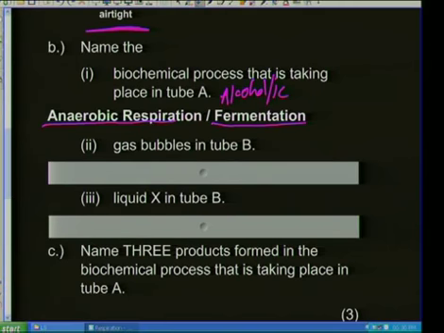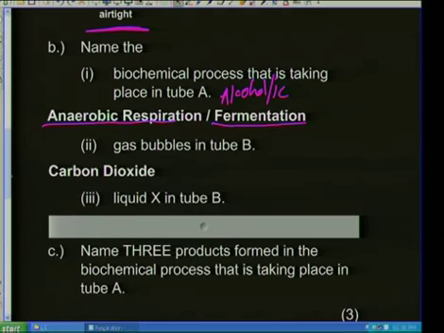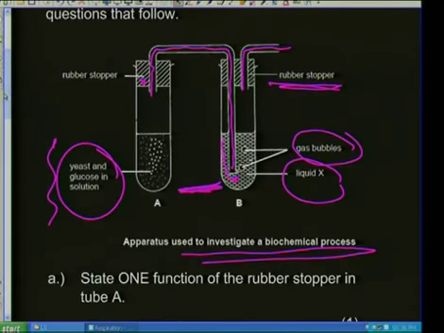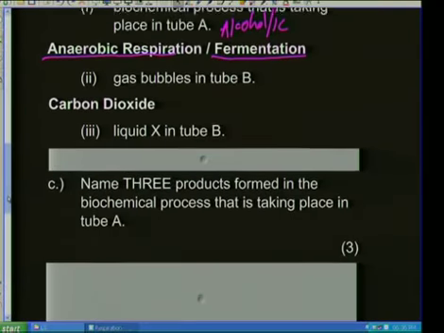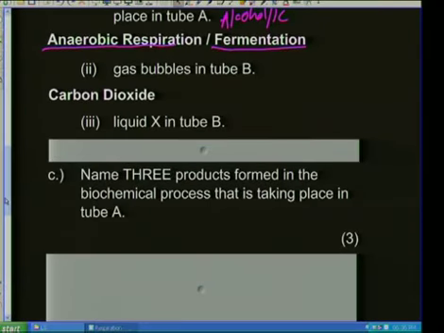Then they want to know the gas bubbles in test tube B would be carbon dioxide, because during anaerobic respiration in yeast, carbon dioxide is released.